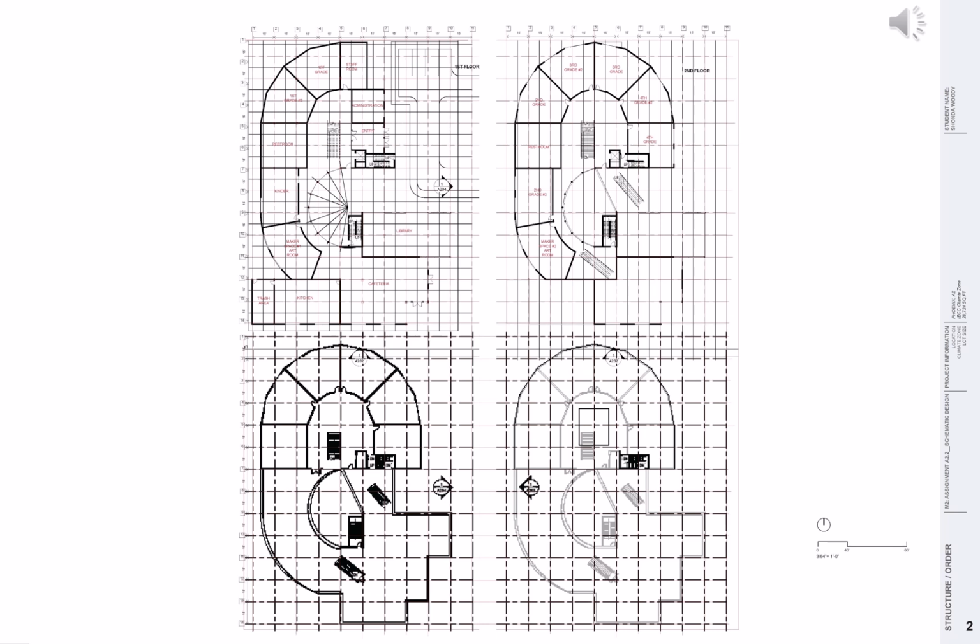Some columns are placed in between the walls that divide the classrooms, the interior walls. Only one column is in the middle of that interior divided wall in the classroom.